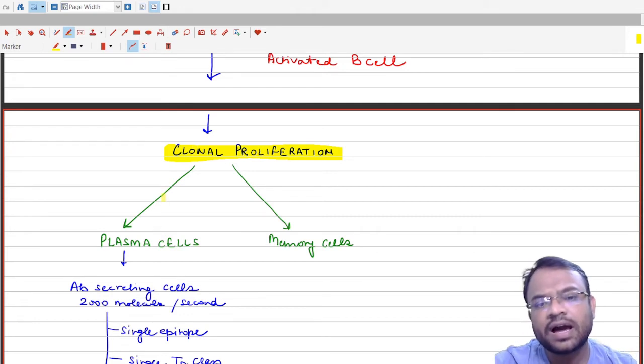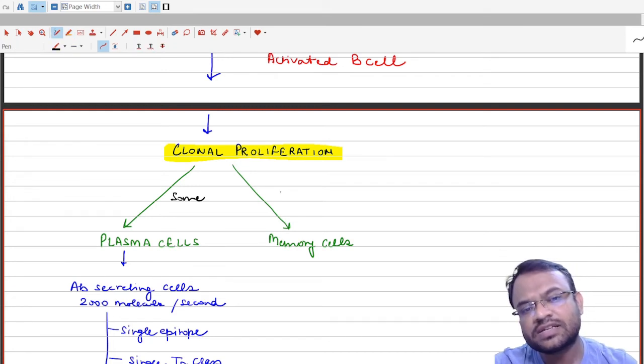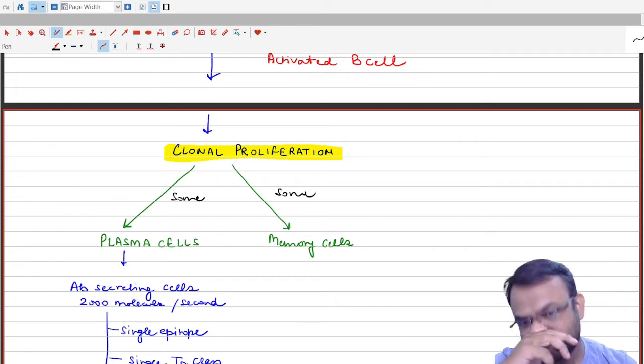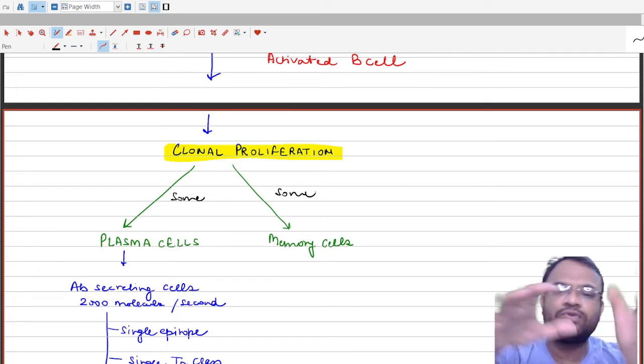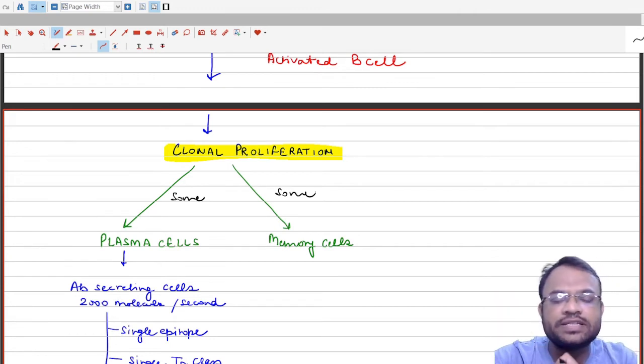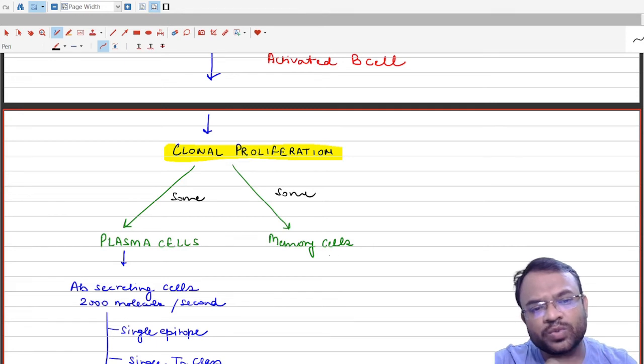After multiplication, some B cells would lead to the formation of plasma cells and some would form memory cells. That means they would divide, not equally, but in some ratio, into plasma cells and memory cells. Now memory cells, what will they do?